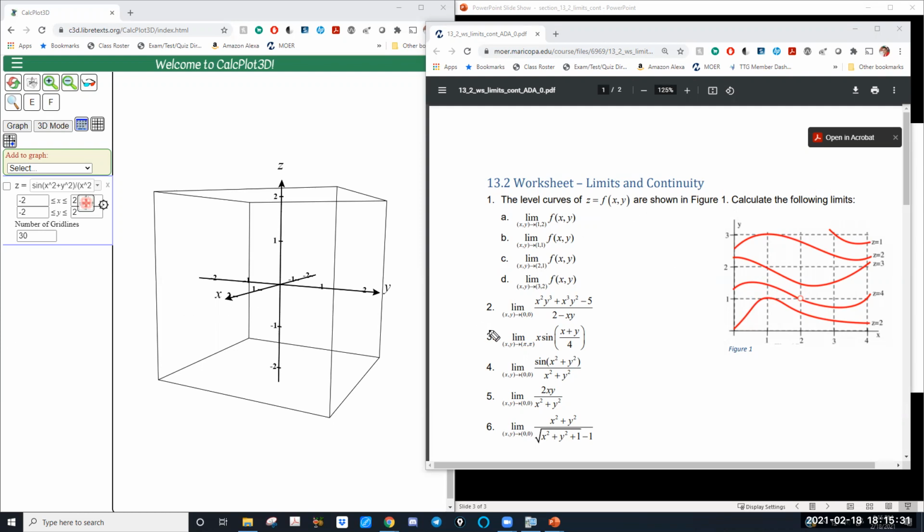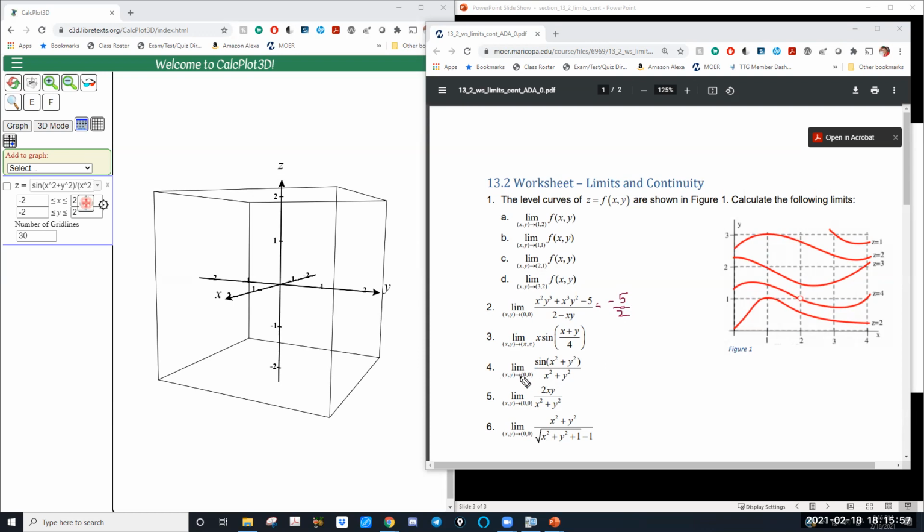So number 2 here, if we plug in 0, 0, so all the x's and all the y's end up zeros, so 0 plus 0 minus 5 over 2 minus 0. This limit here is just -5/2. So that's always the first thing you do: you plug it in and see what you get, okay?